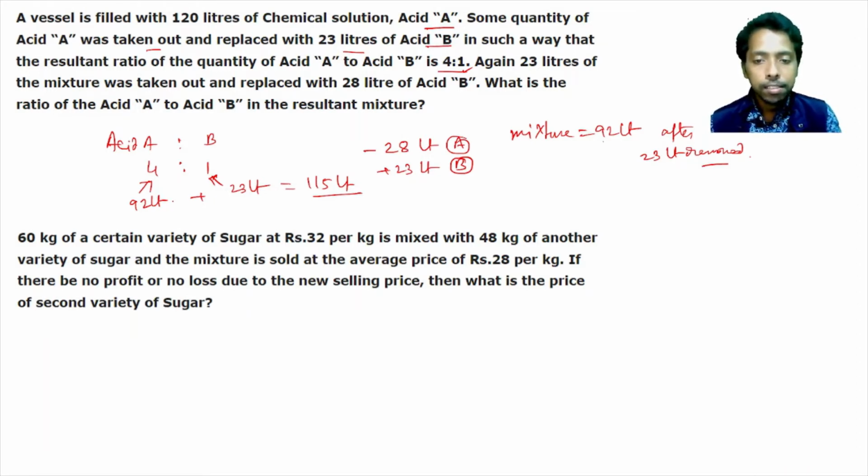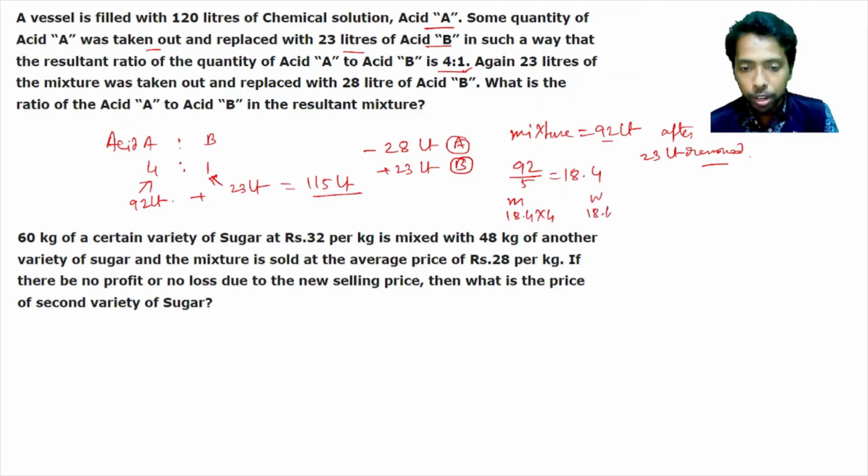Now this is again in the same ratio, that is 4:1, because if we remove something from the container, the ratio stays the same till we add something extra from outside, right? So 23 liters of the mixture taken out, the ratio is 4:1 right now. So 92 divided by 5 gives 18.4. So acid A is 18.4 into 4, and acid B is 18.4 into 1.